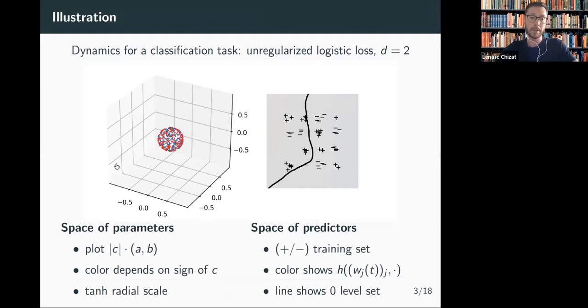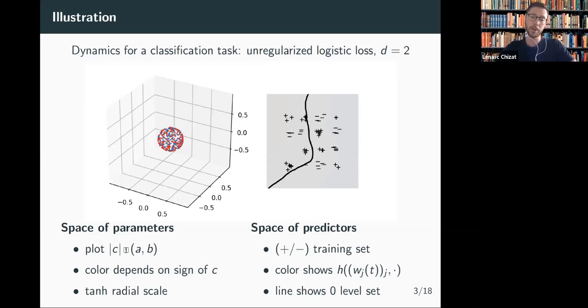And here, this will be the evolution in the space of parameters. So here, each of the dots will represent one of the neurons of our neural network. And in fact, in this animation, there are 200 of them. Here, the parameters W live in R to the d+2, which is R to the 4. So to obtain something that can be visualized, I plot instead the hidden weights multiplied by the absolute value of the output weight.